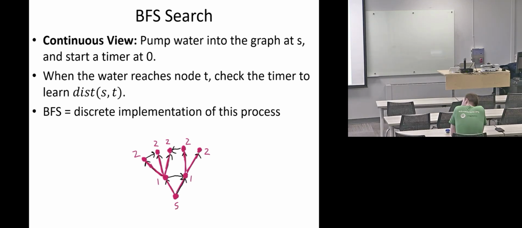You pump the water from here, and once it reaches this node, that takes 1 second. Once it reaches this next node, it takes 2 seconds, because each edge takes 1 second for water to go through. So you can think of this continuous process, and what BFS does is try to discretize this continuous process so that you can implement it on a computer.